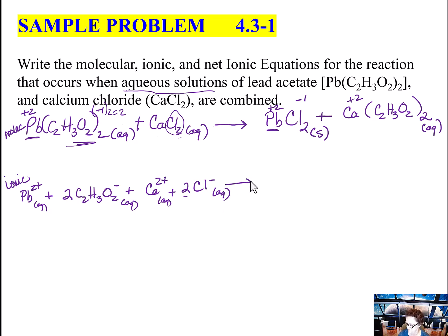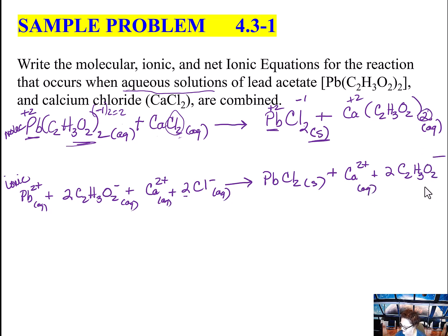Then, if this is a solid, I'm just going to write it as the formula, because it doesn't turn into ions. So PbCl2 solid, but the calcium acetate is soluble, so I'll say plus calcium plus 2 acetates, and again those are soluble, so I write those as aqueous.